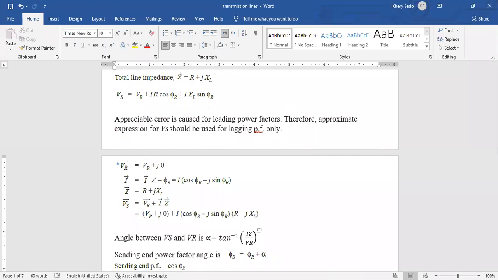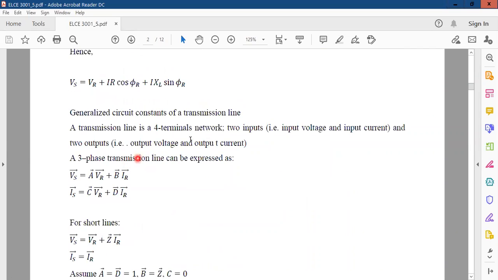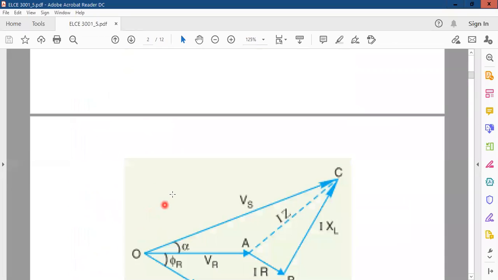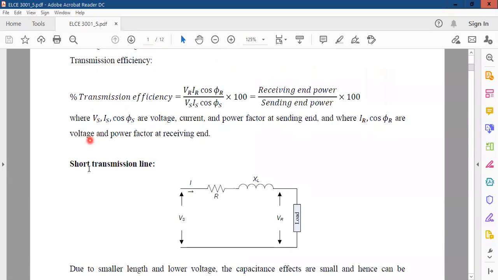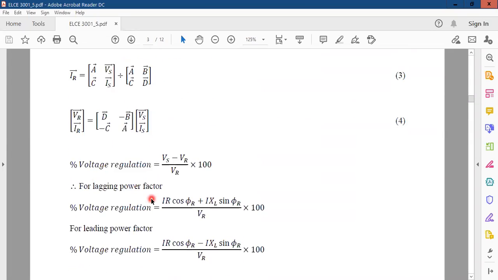Let's go back to our PDF. If we generalize the circuit and generalize the circuit constants of transmission, but I prefer using these equations instead of generalized circuits, okay?